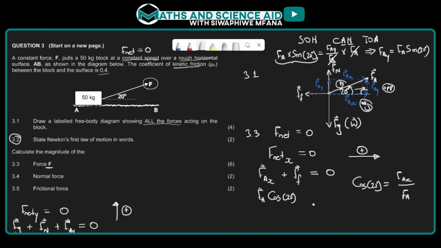If you do not want to go through all that, this is a quick way of doing it. Because even here you can multiply both sides by Fa, and so this Fa is going to cancel with this Fa. Therefore, Fa of x can be written as Fa times cosine of 20, which is just Fa cosine of 20.